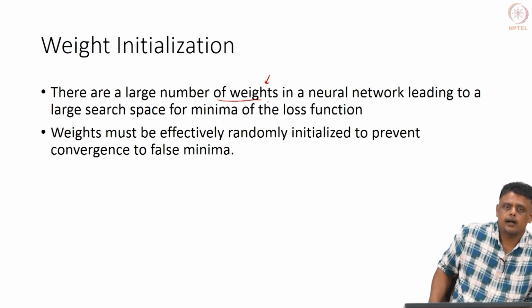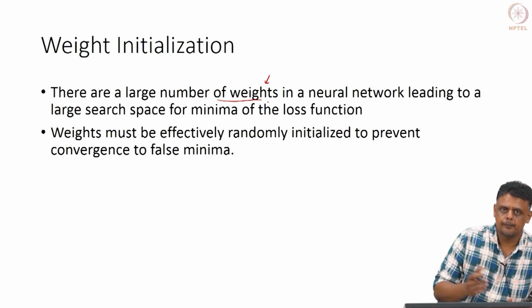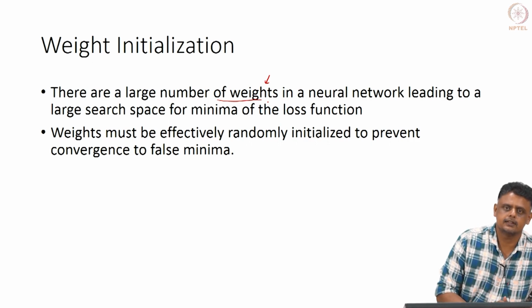Just as we saw how we have to pick the range of hyperparameters for hyperparameter optimization, we also have to figure out the range of weights for the initialization, so that the entire space of the loss function is covered, to some extent at least, and that is required for effective performance of a neural network.